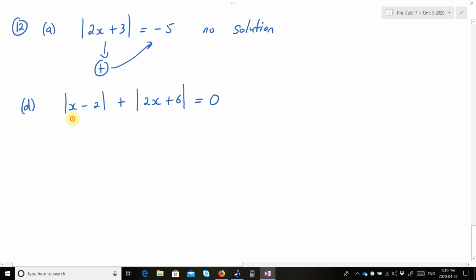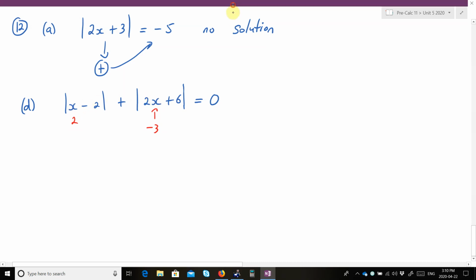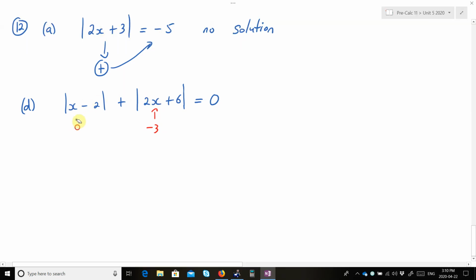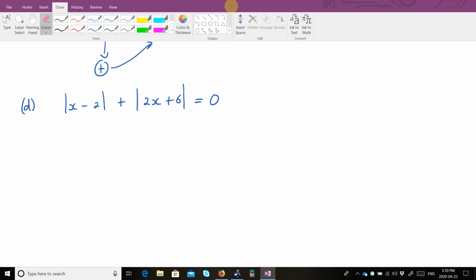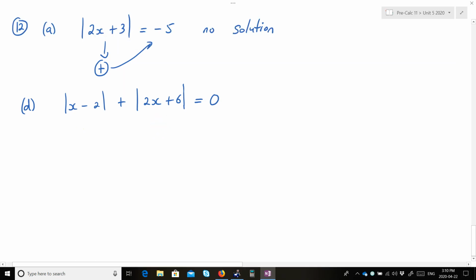But the x value we need to make 0 in the first one is 2, and the x value we would need here would be negative 3, so it's not the same x. So there's no x value that will make both of those work out to 0 at the same time, and so there is no way that this can have a solution because, again, a positive would come out of here and a positive would come out of here. If we're adding those together, we can't possibly get 0. So this has no solution.